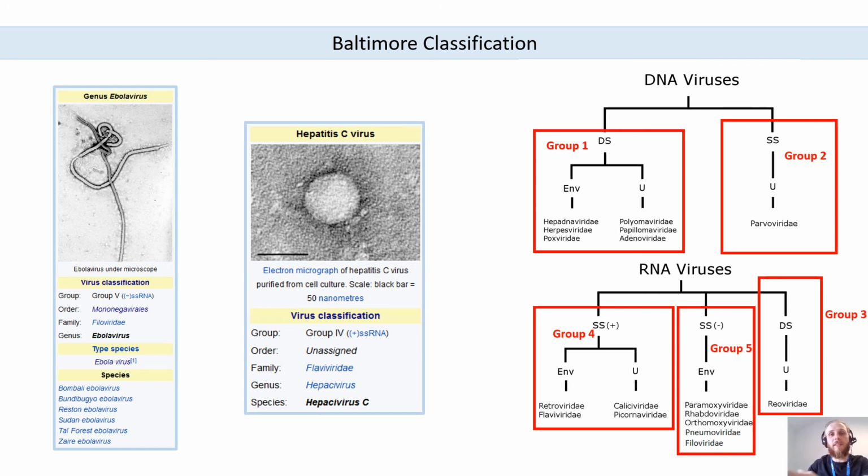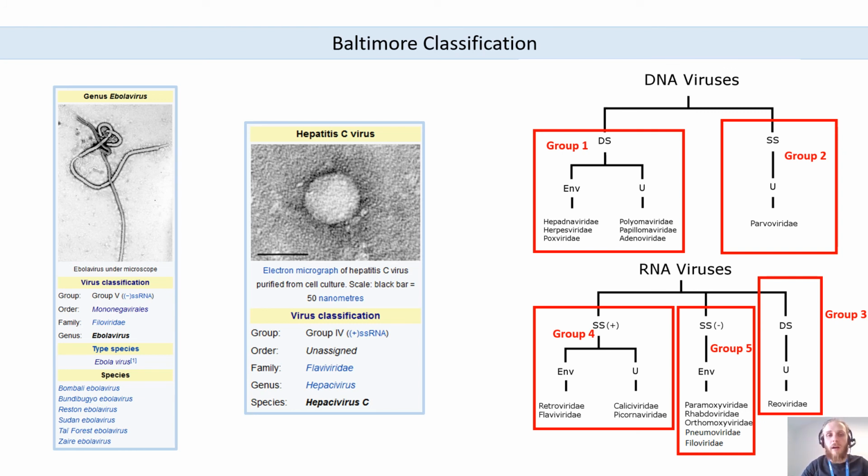However, they express the genome in a different way. And this is why Baltimore classification is in many ways preferable to phenotypic classification, because it has these extra groups. It allows us to understand that some viruses are different to others despite having the same type of genome and despite having the same envelope status, whether they have one or not.